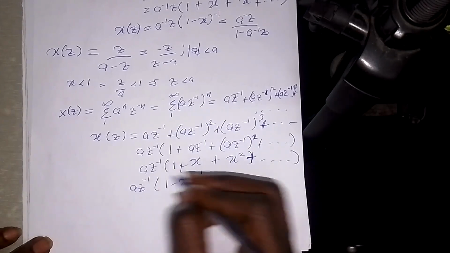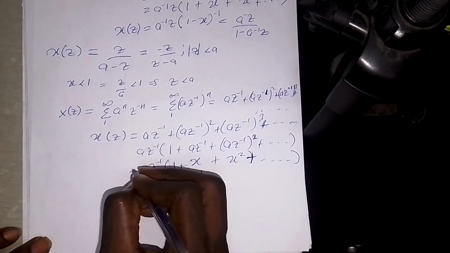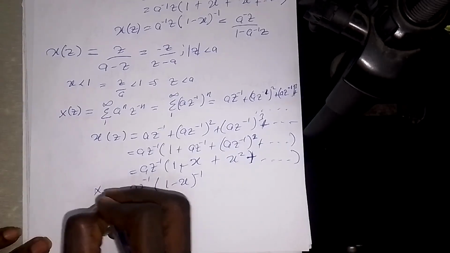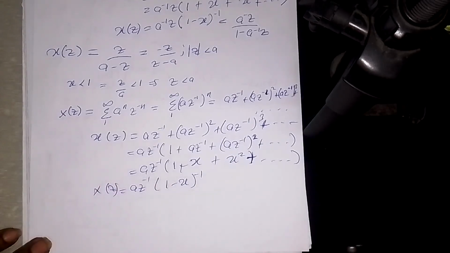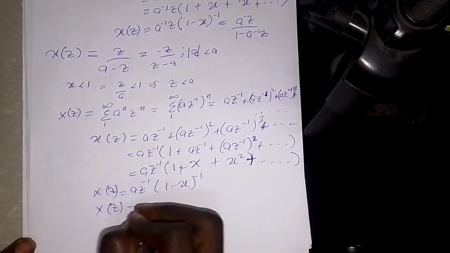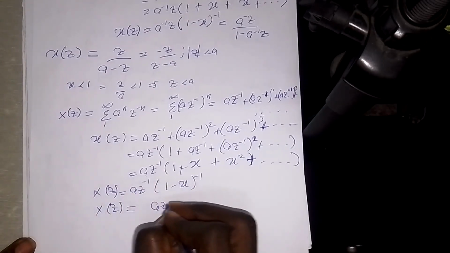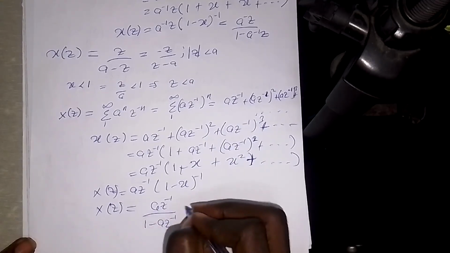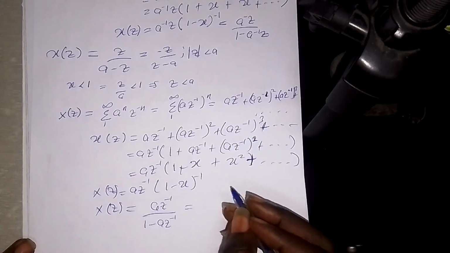This is a Fourier expansion that is going to give me this particular summation. So X(z) is going to be equal to a z^(-1) over 1 minus a z^(-1).